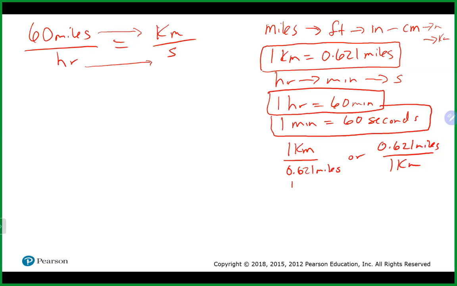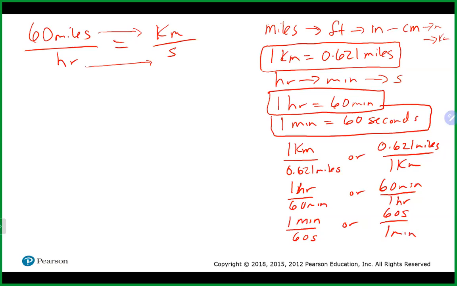We could say 1 hour over 60 minutes, or 60 minutes is 1 hour. And lastly, we could do 1 minute is 60 seconds, or 60 seconds is 1 minute. So in this problem, these are the 6 different conversion factors that we could use.